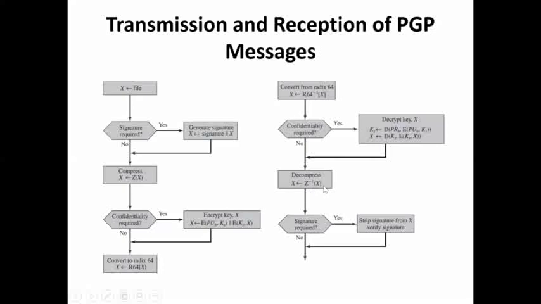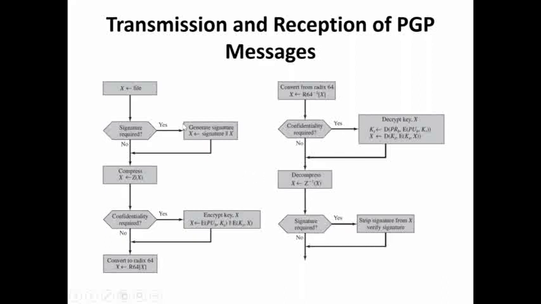So Z inverse of X is assigned to X. Whatever output I get from the decompression algorithm, the data is now decompressed. For that you check if any signature is required.